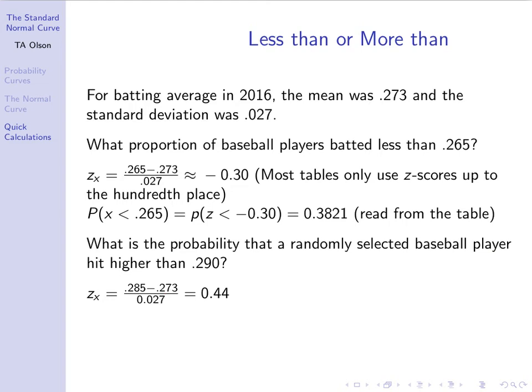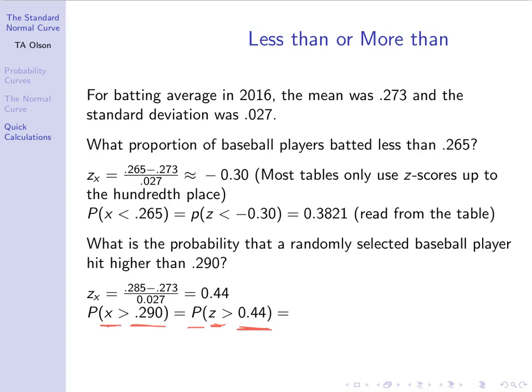All right, first we need to know our z-score. 285 minus 273 over 0.27 gives me a z-score of 0.44. So what this means in terms of the probability, right? The probability that a data point is greater than 290 is the same as the probability that a z-score is greater than 0.44.